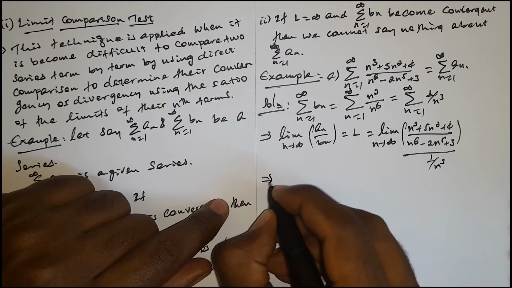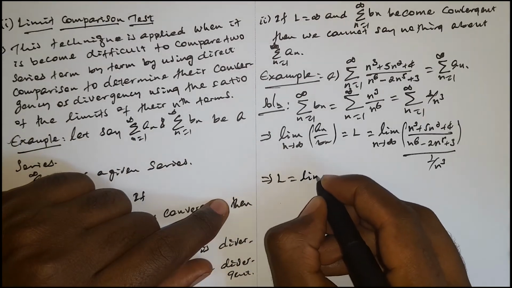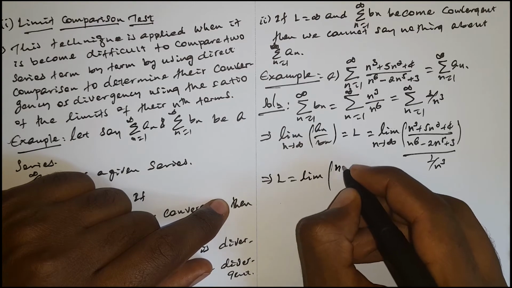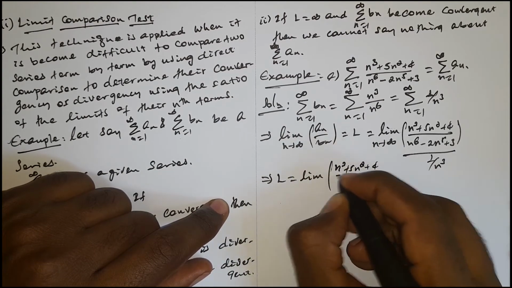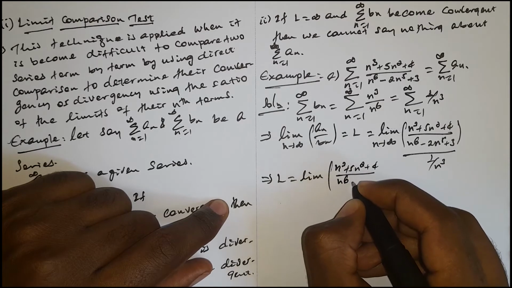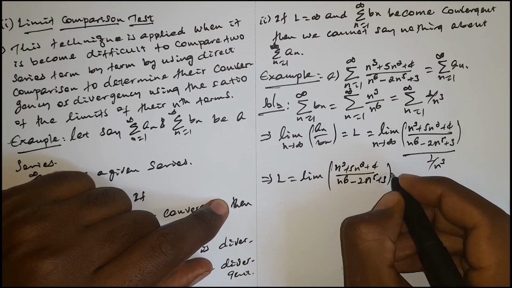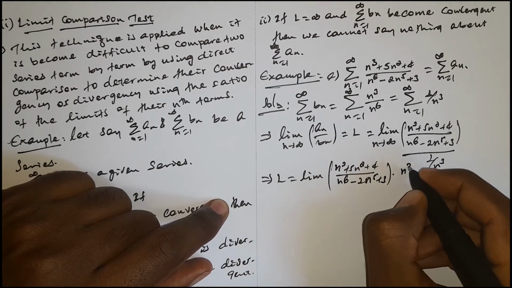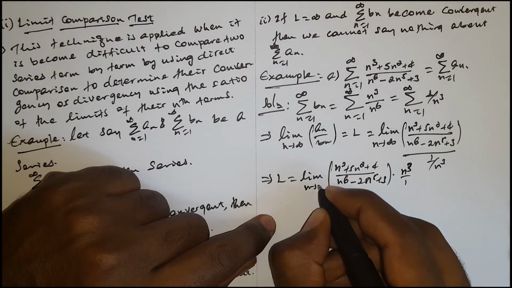So from this implies that L is equal to the limit of (n cube plus 5n square plus 4) over (n power of 6 minus 2n power of 5 plus 3) times n cube over 1, as n approaches infinity.